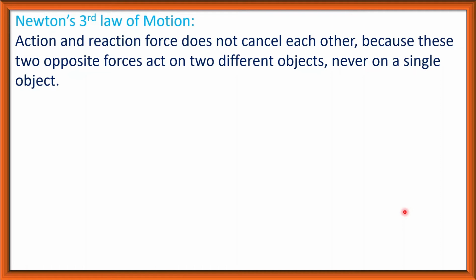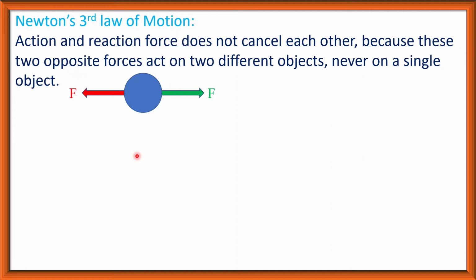If these two forces act on a single object, then these two forces may cancel each other. Consider here two forces of magnitude F acting on this single object, but their direction is opposite to each other. Therefore, these two forces may cancel each other.